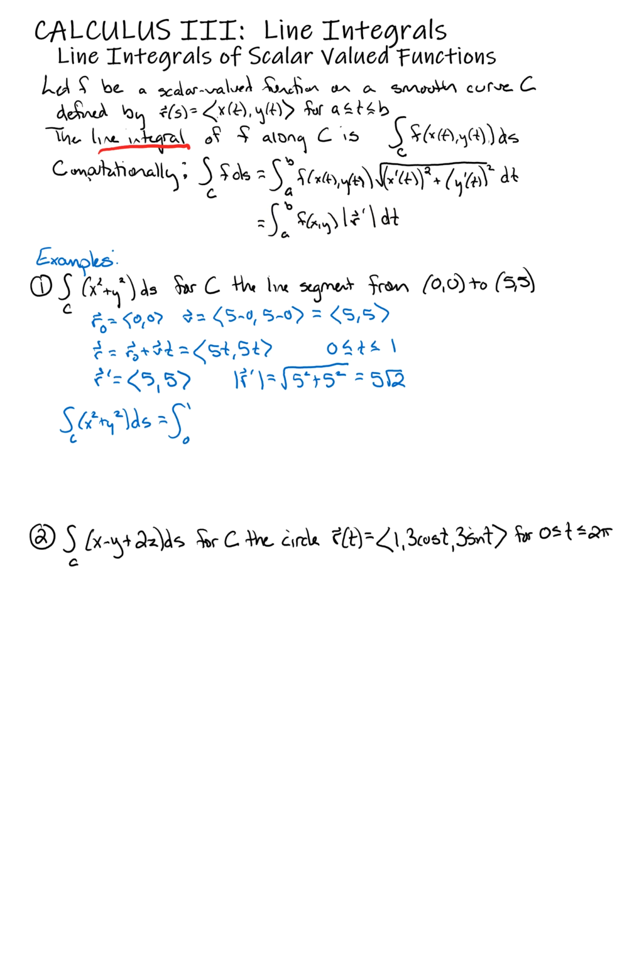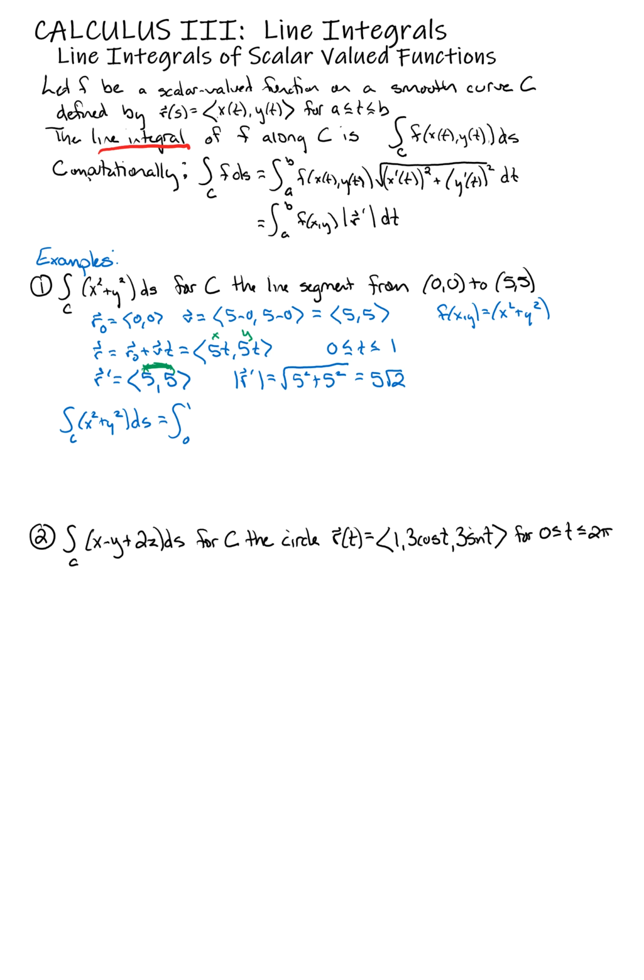So notice this is x and this is y, and f of x, y is x squared plus y squared. I made a mistake. That's not x, y. Oops. This is x, y. It's on r, not r prime.